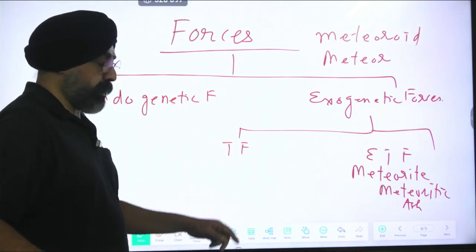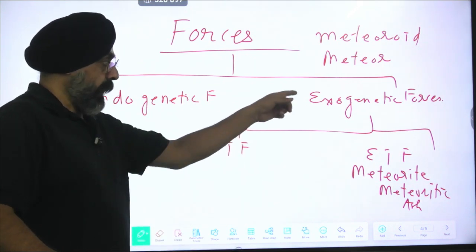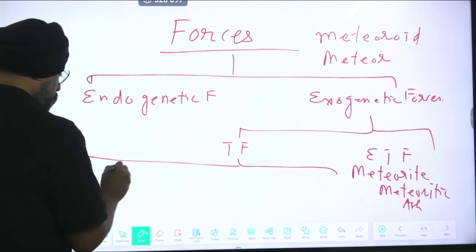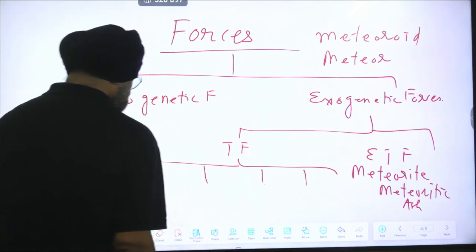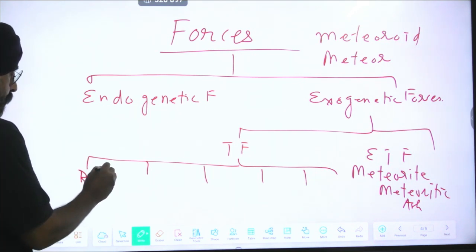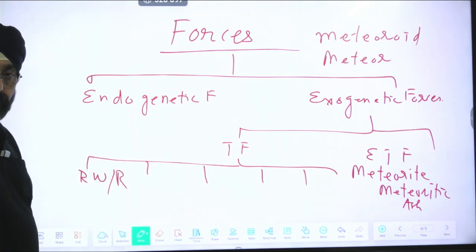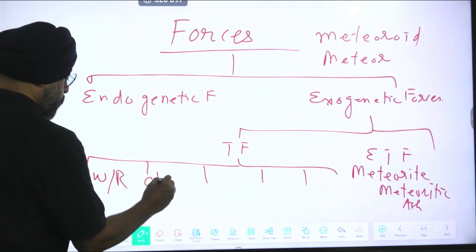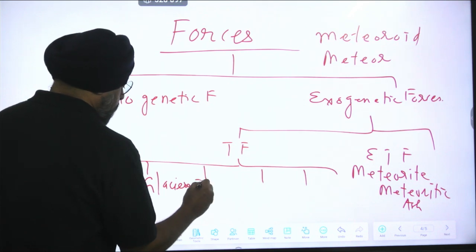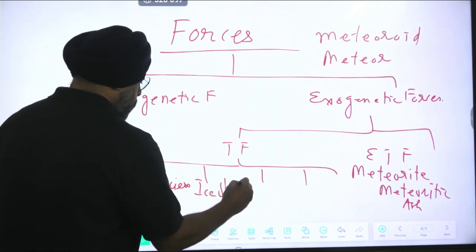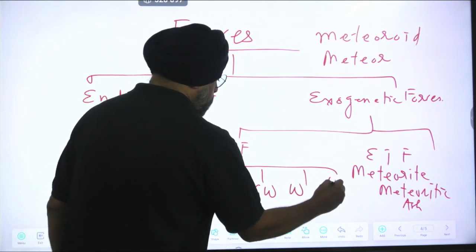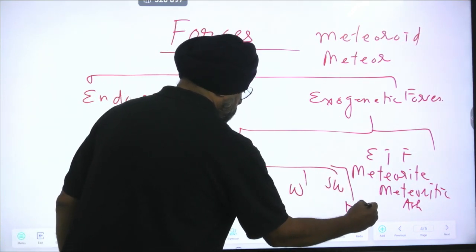Now let's come to the terrestrial forces. Exogenetic forces. These are 7 forces we have. Running water, rivers, glaciers, ice sheet, groundwater, winds, sea waves, human beings.